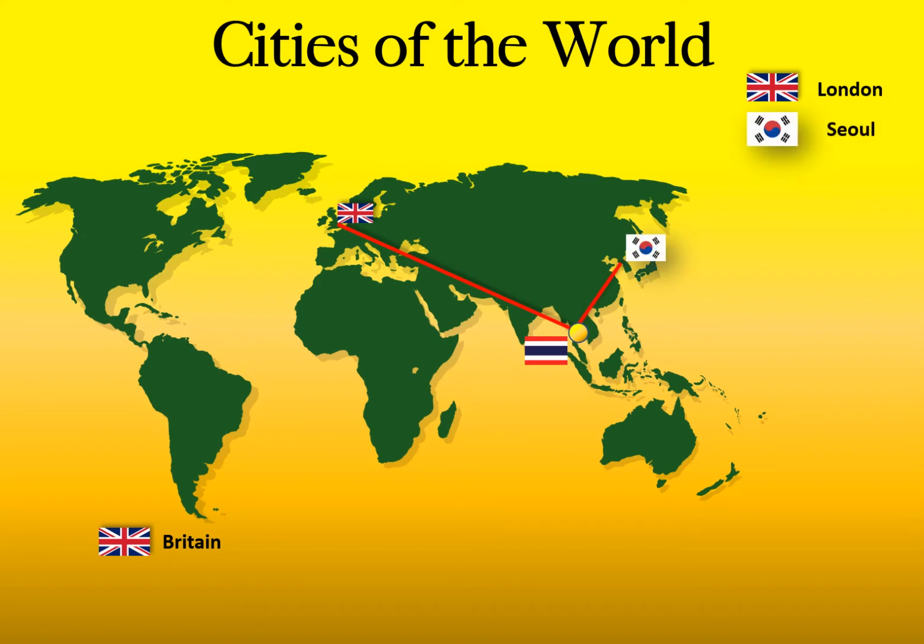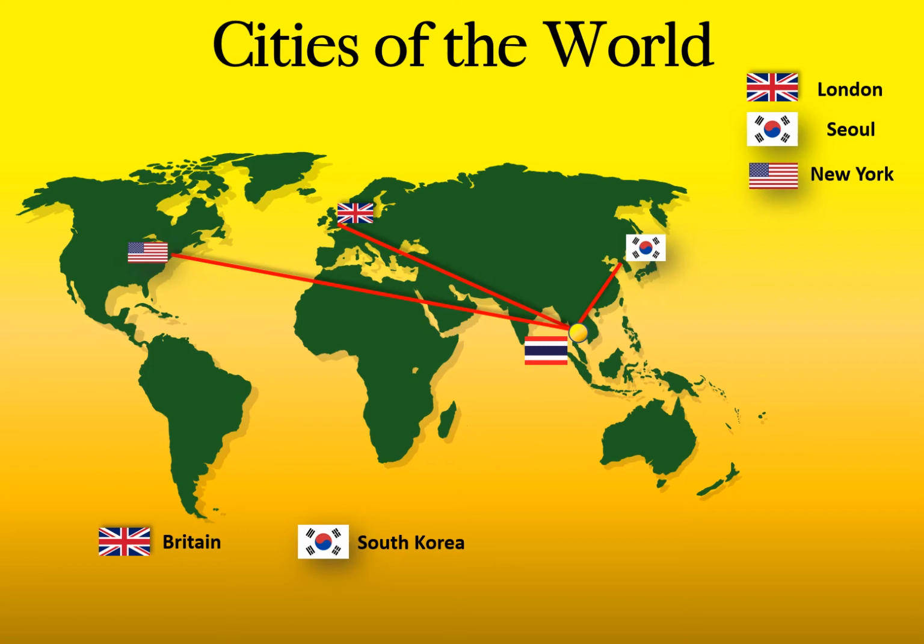The next one is Seoul. Seoul is in South Korea. The next one is New York. Muang, New York. What country is this? Very, very big country. It's America. Here is Paris.